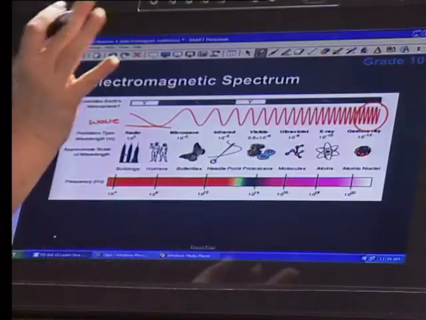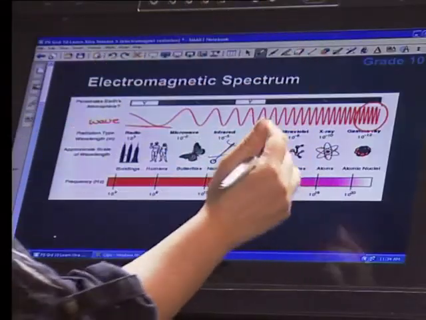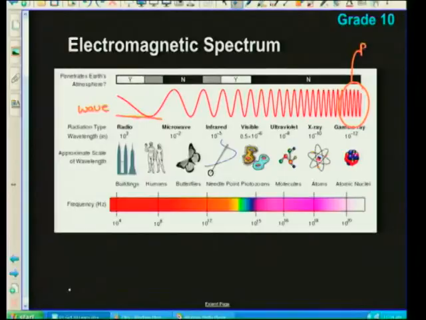They behave like a particle sometimes, but not very often. So we're not going to find them doing the same sort of thing as particles would do, just because they're very, very long. When we get to the other end of the spectrum and we start looking at ultraviolet, X-rays, gamma rays, these tend to have more of a particle nature.